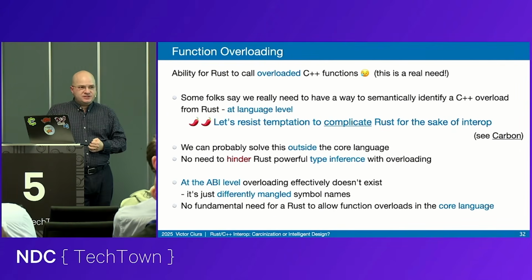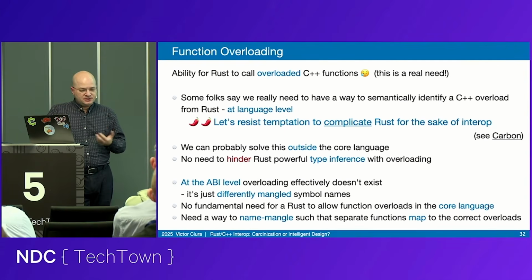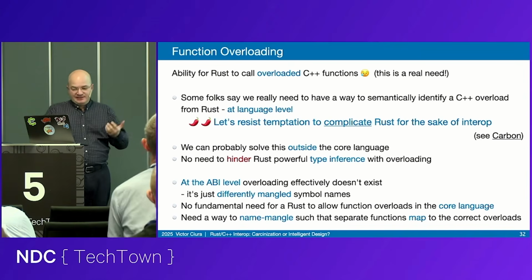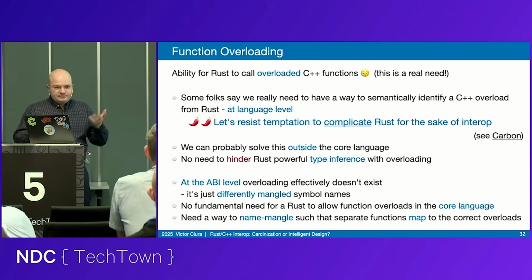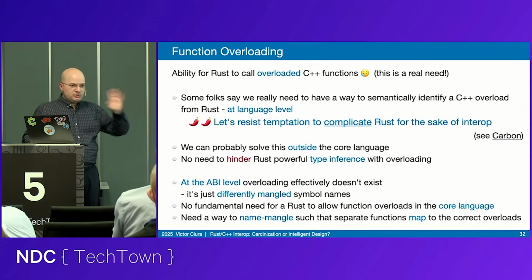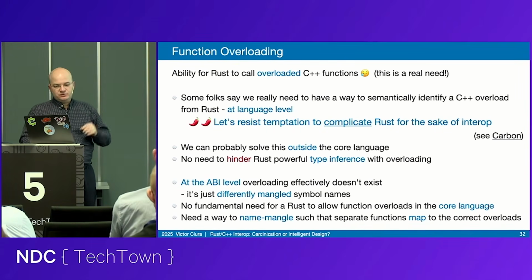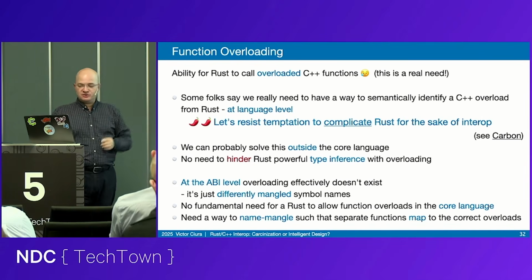So I don't think there's a fundamental need to mess with this in the core language. We can probably deal with this at the ABI level, in tooling, in compilers and linkers. So I'm not in that camp, but you're going to hear diverging opinions. There are people who lobby strongly that we should get Rust closer to C++ in this space.